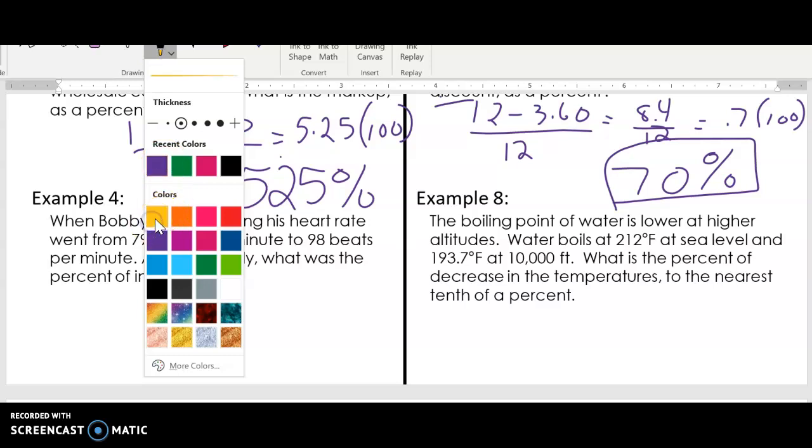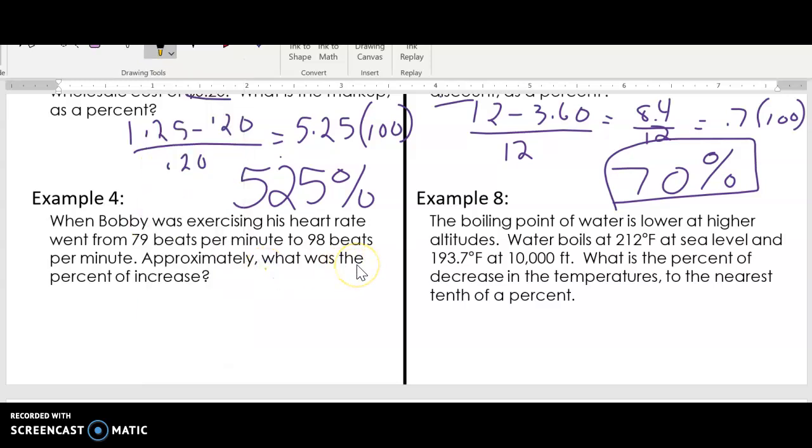All right, next one. This is when Bobby was exercising, his heart rate went from 79 to 98. What was the percent of increase? Okay, so we go from 79, and we're just finding the difference, amount of change. And then our original is 79, so it is an increase.